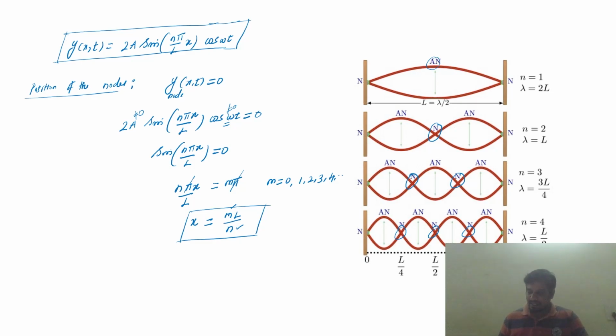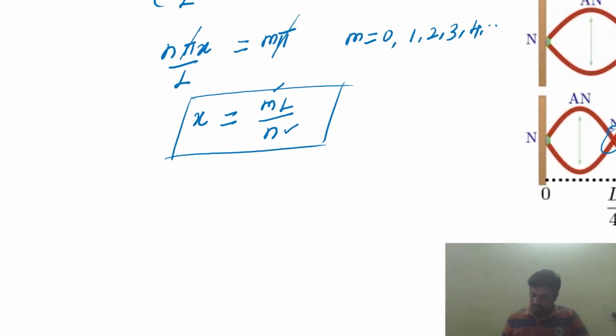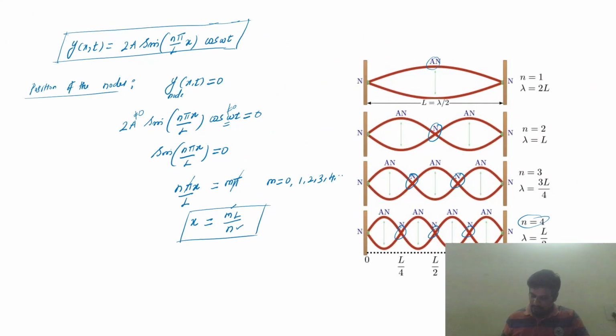Suppose we take the fourth harmonic. That means harmonic n equal to 4. That's the fourth harmonic wave.